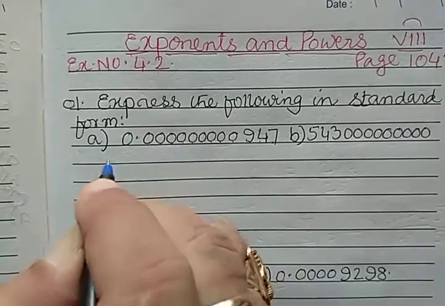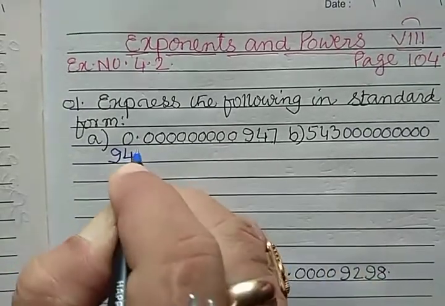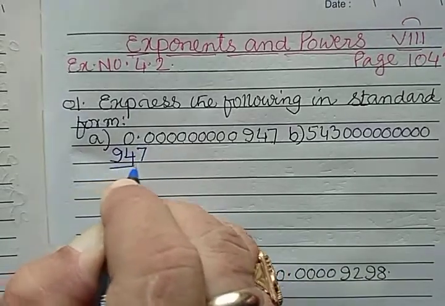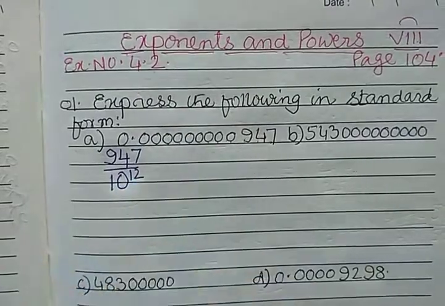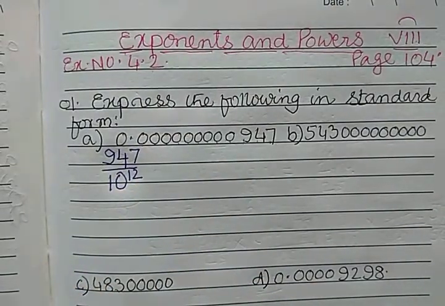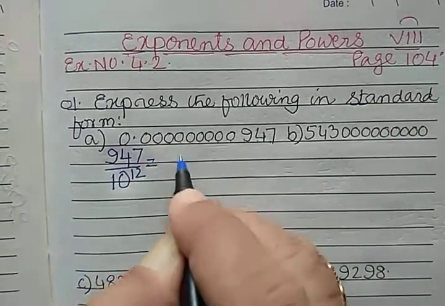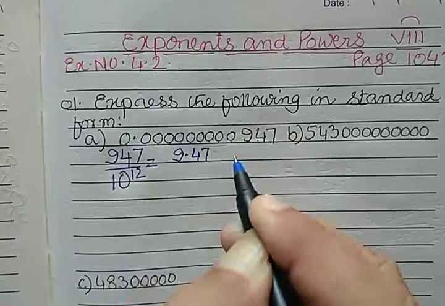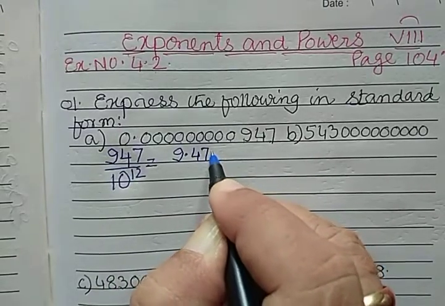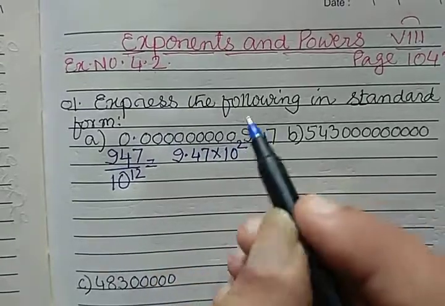You can remove these zeros. 947 by 10 to the power of 12. Clear? So 947 you can write as 9.47 into 10 square.